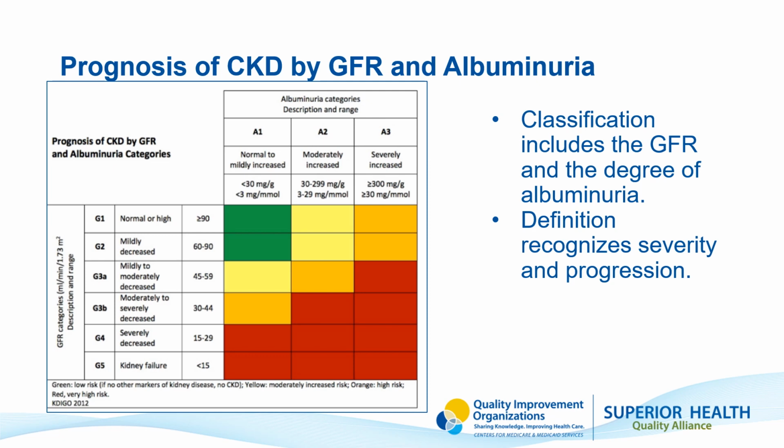Again, the worse the GFR, or the higher the stage of GFR, paired with albuminuria or proteinuria, the worse your prognosis.